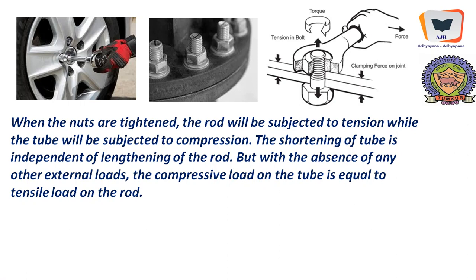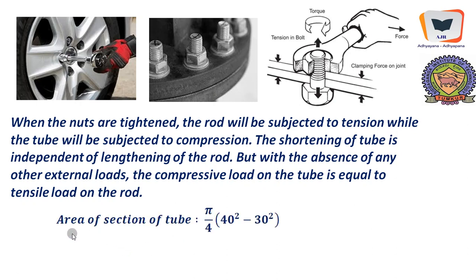The compressive load on the tube is equal to the tensile load on the rod. Yes, the loads will be equal because they will be pressed by the same amount. Whatever tension force happens to this stud will be the compression force for this component. Whatever tension force is suffered by this particular stud will be the same amount of compression as far as these two members are concerned. That is the logic.